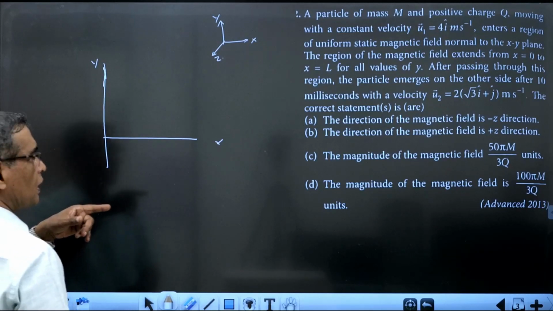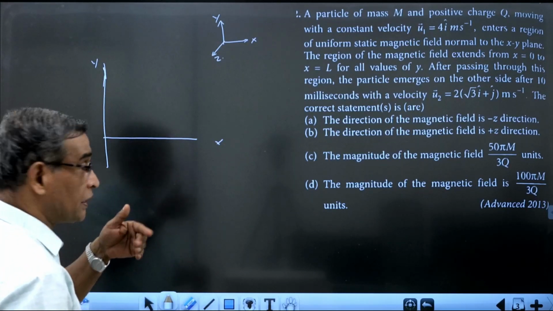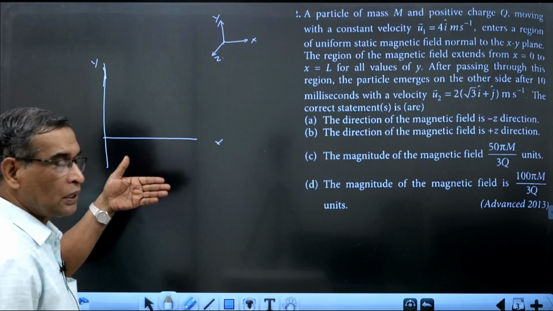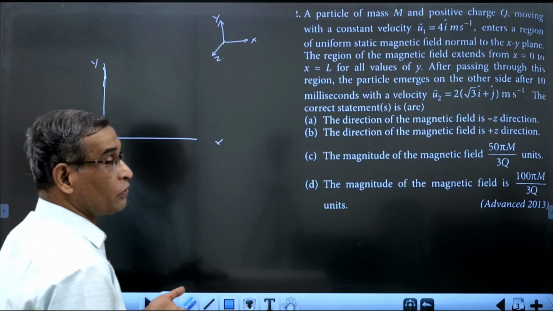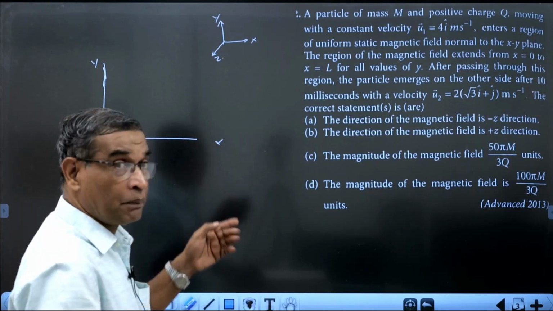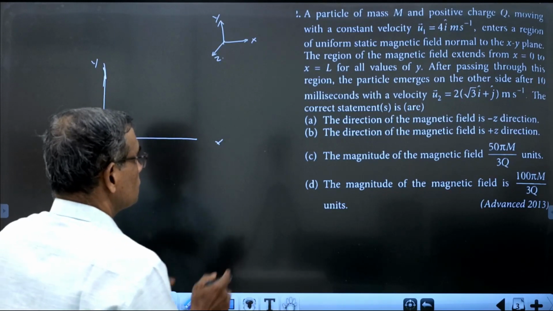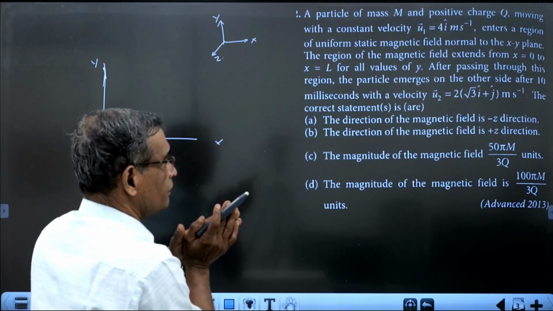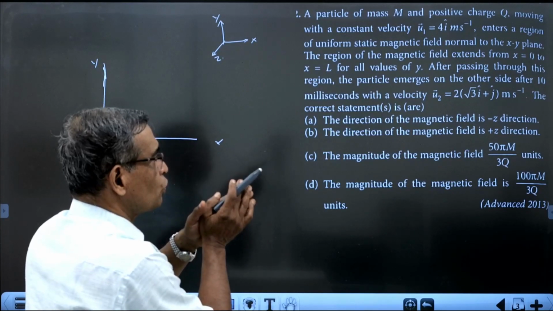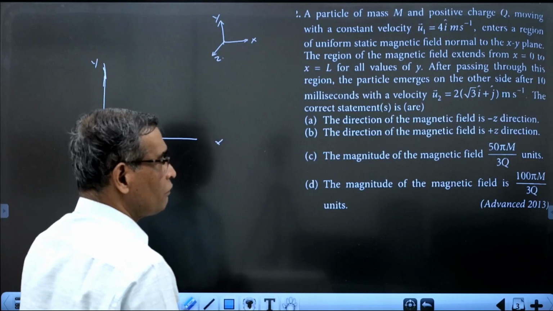When the particle enters with the velocity 4i, that is along the x direction, after some time, and the time of journey is given as 10 milliseconds, the particle emerges out of the magnetic field with the velocity 2 root 3 i plus 2j.